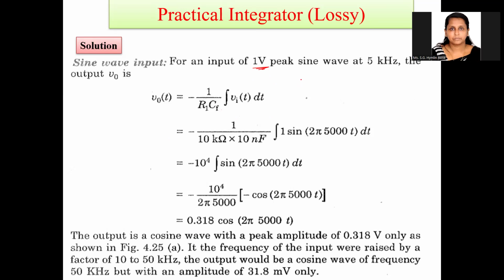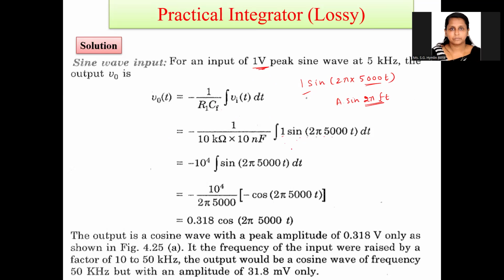That means it is 1 into sine 2 pi into 5 kilohertz, so 5000 t. The general expression is A sine 2 pi F t, so here F is 5 kilohertz and A is 1 volt.